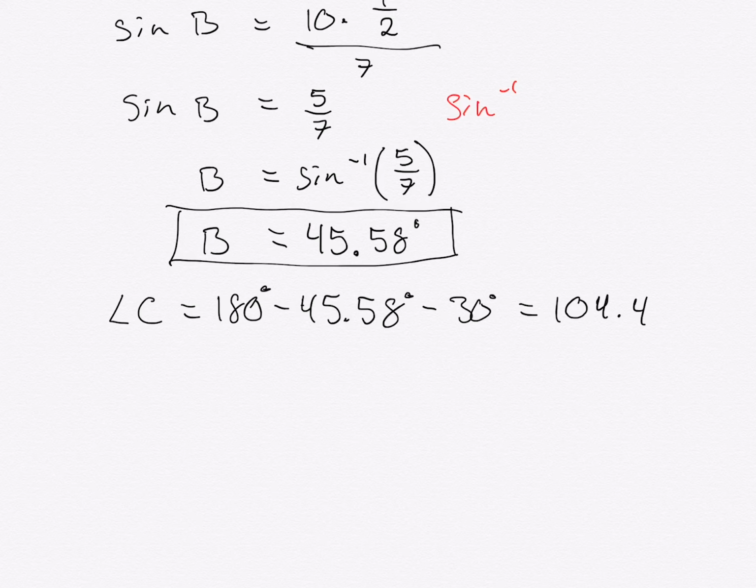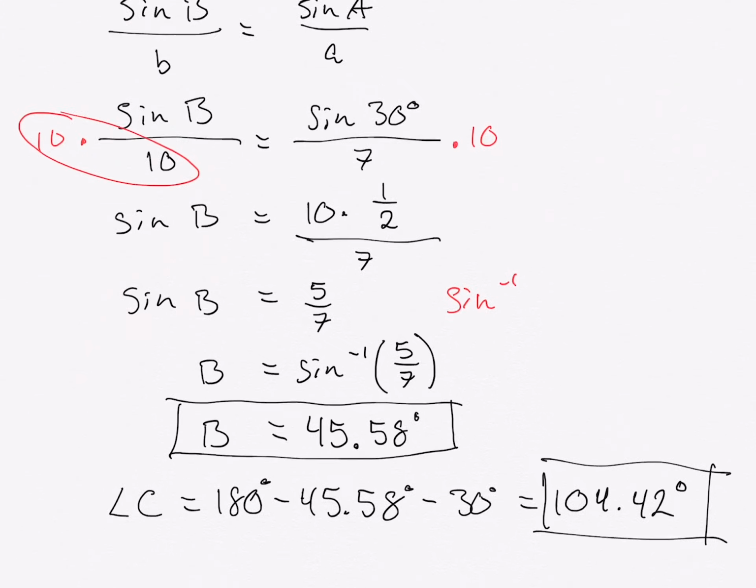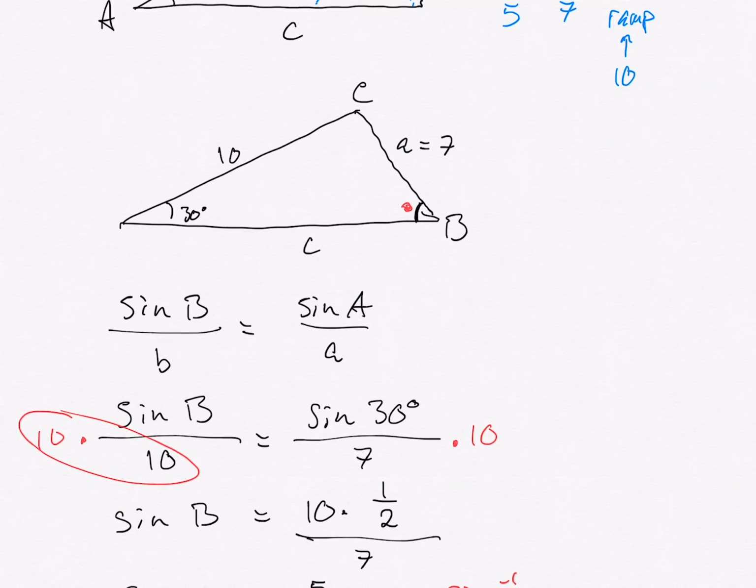Let's even say 104.42 rounded. All right, so that's angle C. And we could go back and fill in angle C in our diagram.